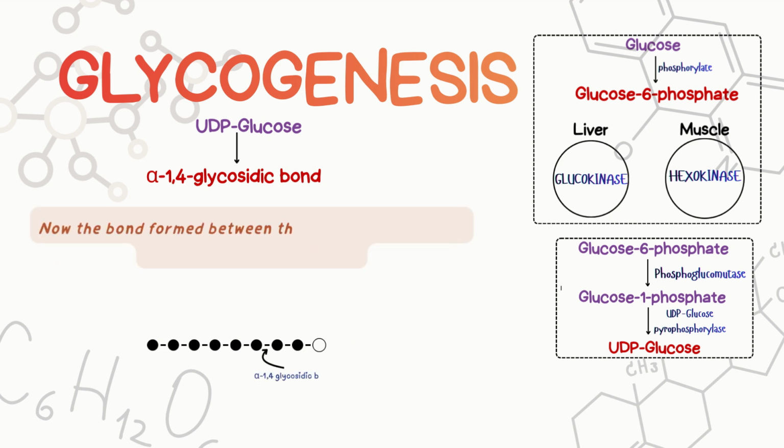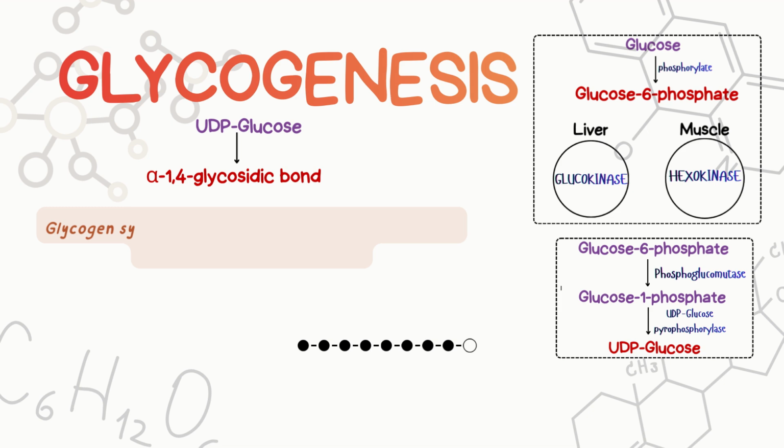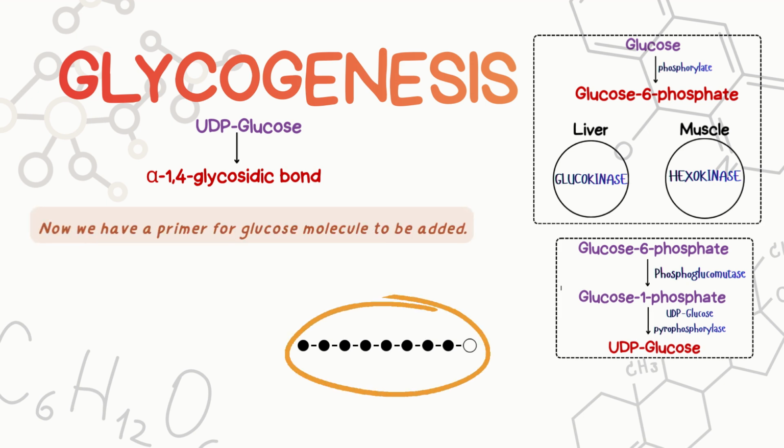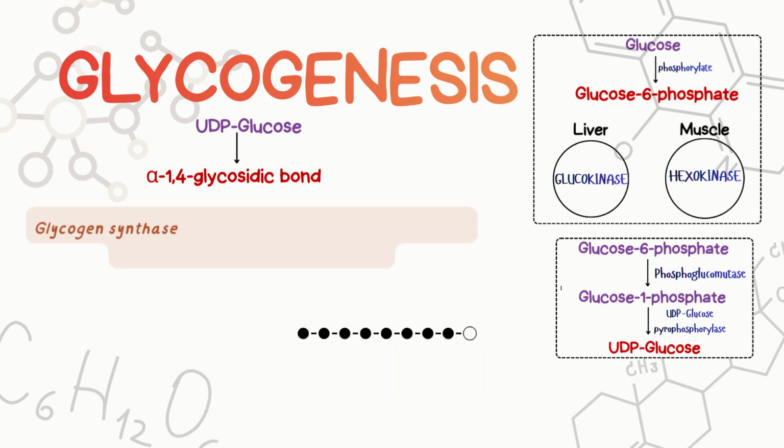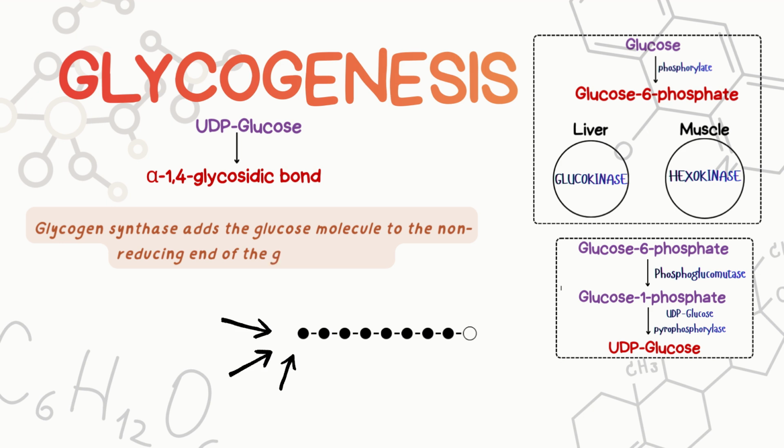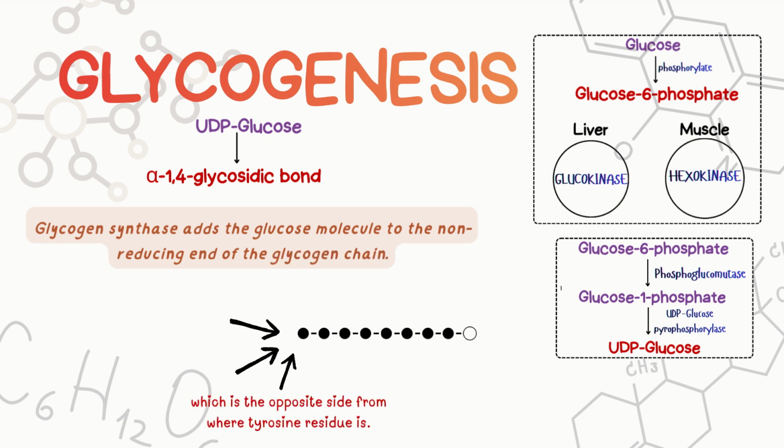Now the bond linking these glucose molecules is called an alpha-1,4 glycosidic bond. If I haven't said it earlier, glycogen synthase, the other enzyme, needs a primer in order to add more glucose to elongate the glycogen chain. Now we have that primer for more glucose molecules to be added. So glycogen synthase adds the glucose molecule to the non-reducing end of the glycogen chain, which is the opposite side from where the tyrosine residue is.